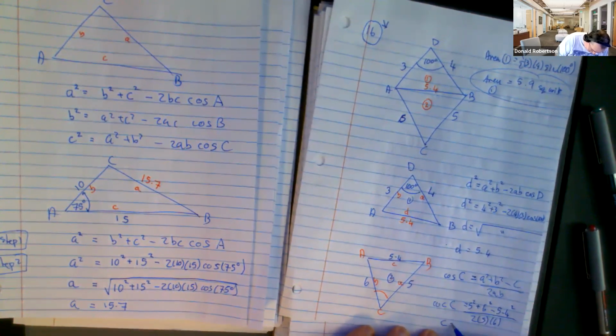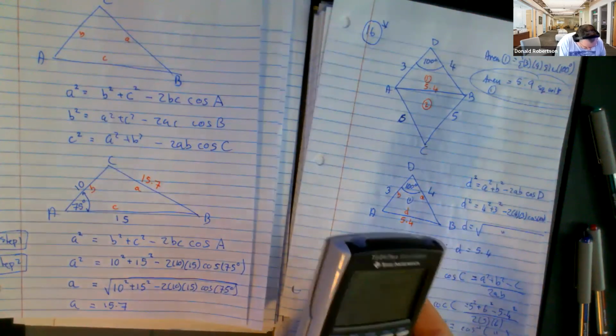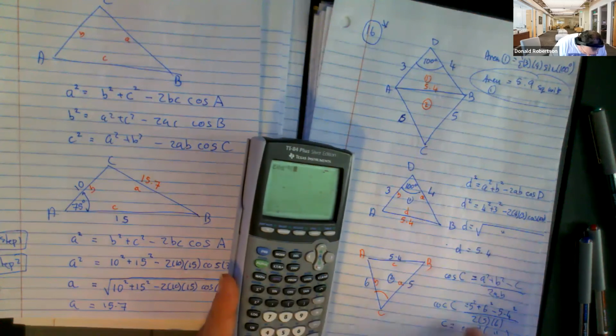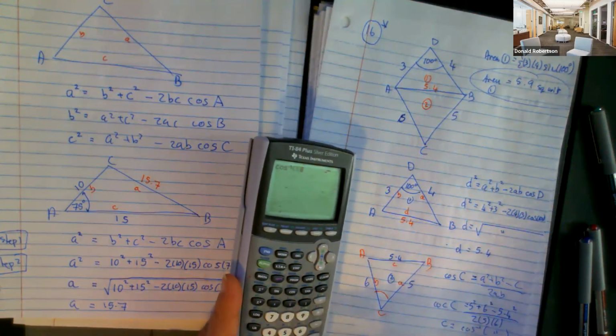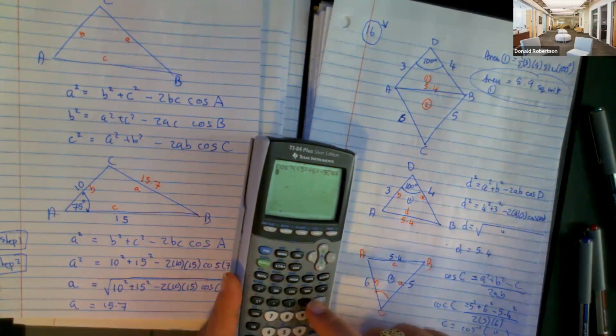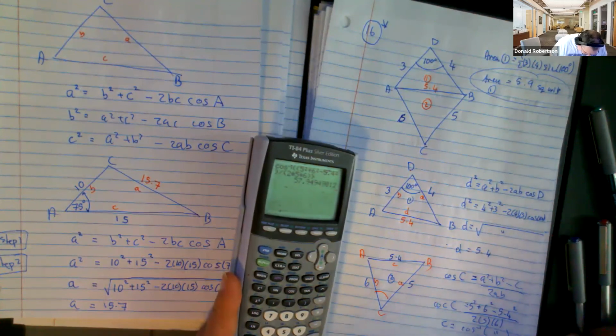And won't C be the inverse cosine of that stuff? So let's see what the inverse cosine of that ugly expression is. Now this one you do need a lot of brackets. So an extra bracket, 5 squared, add 6 squared, take away 5.4 squared, close the brackets, divided by, start another bracket, 2 times 5 times 6, close the brackets, and get 57.9.